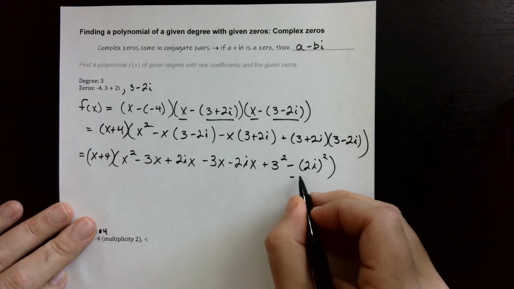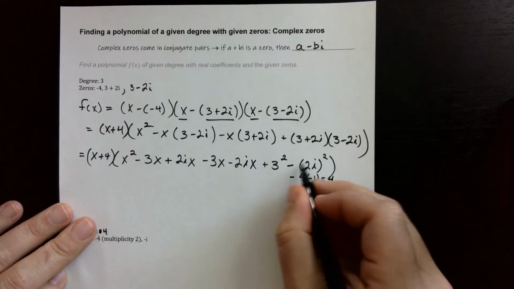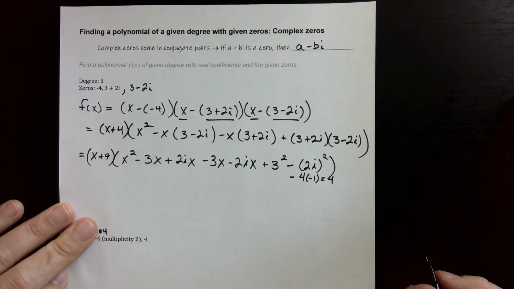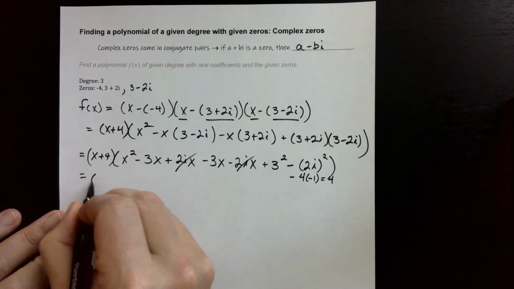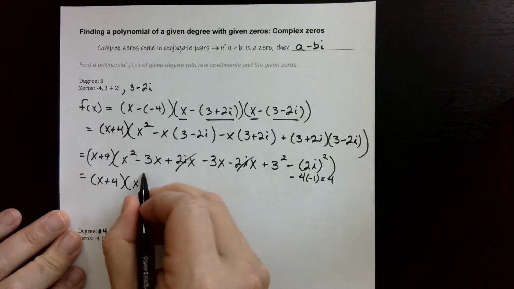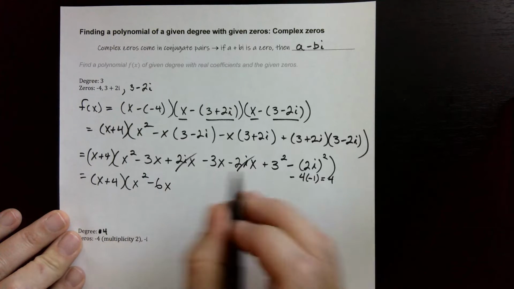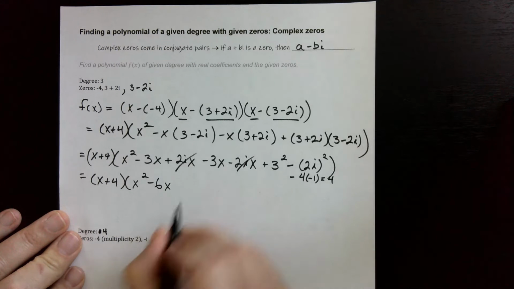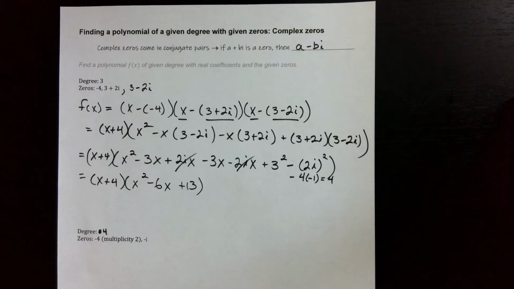So this becomes -4 times -1, which is 4. So that last term, instead of negative (2i) squared, we write a 4. We can cancel out these two terms, so we get x squared minus 6x, and then 9 plus 4, which is 13.